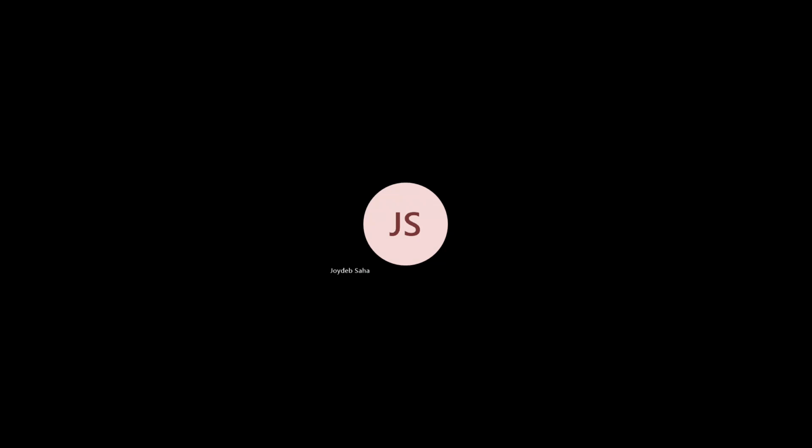So Y(s) is equal to 1 upon s plus 2 whole square. Right?